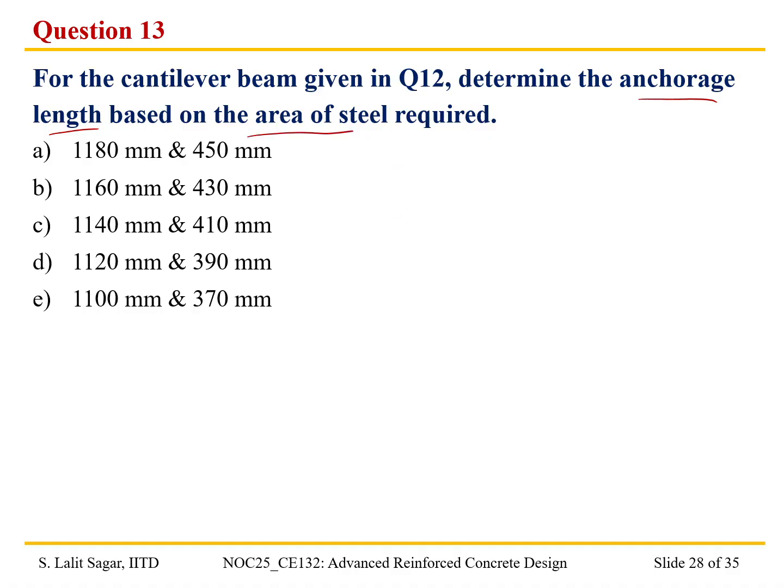So it so happens that we perform the analysis and we obtain the design moment. Okay. And then depending on the design moment, we calculate the area of steel required.